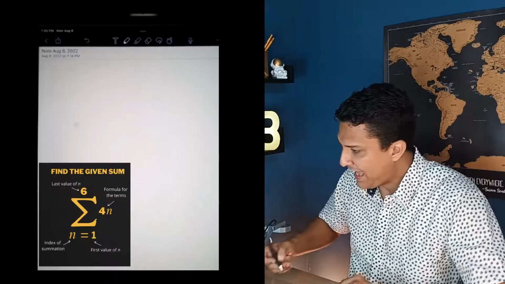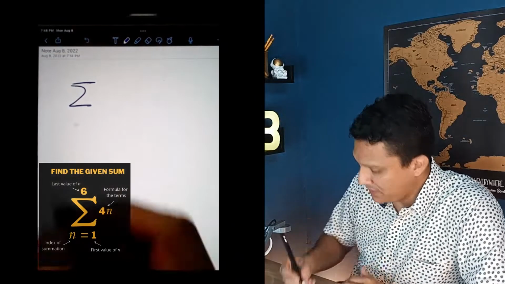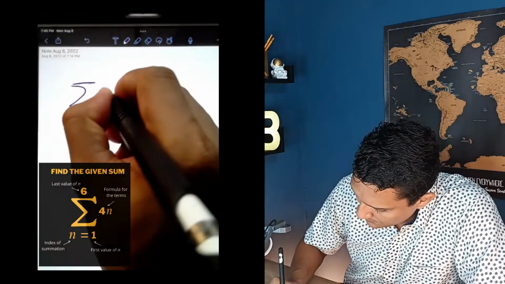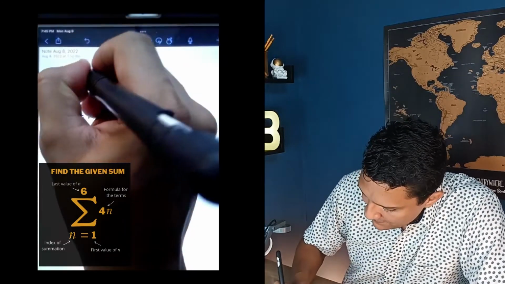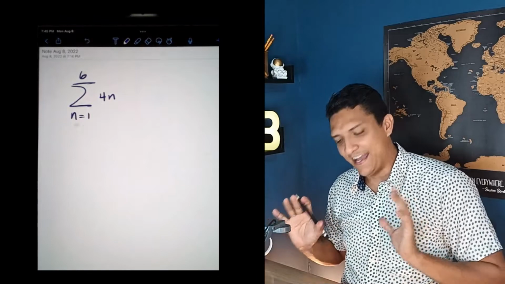So let's go to the first example. As you can see here, the first example has this expression written like this. The first thing that I'm going to do is give you the idea.